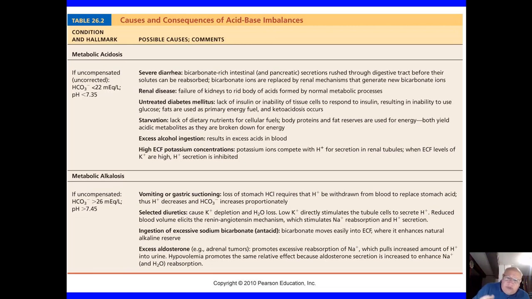Nowadays, you don't see as much use for sodium bicarbonate as an antacid, but you do see it with athletes who are going to do endurance events like races and other Olympic events, because they try to load up on bicarbonate to neutralize the buildup of lactic acid as their muscles are working. The problem is you're going to disrupt the natural alkaline reserve and shift the pH upwards to 7.45 or further. Okay?